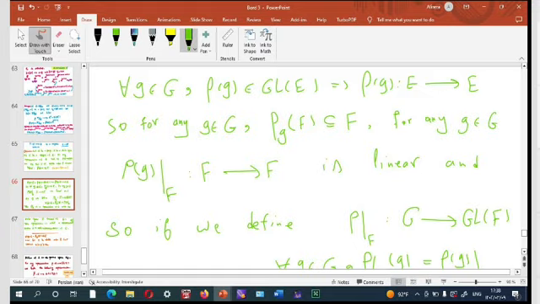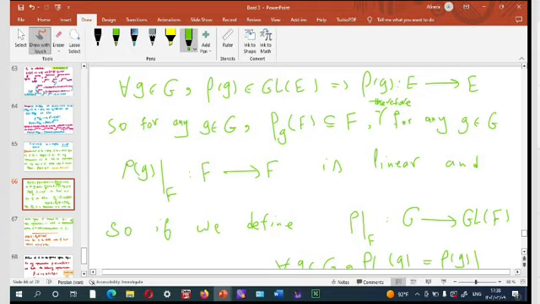Therefore, for any g in G, the restriction of rho of g to F is a function from F to F. By this inclusion, rho g of F is a subset of F, so we have this function.